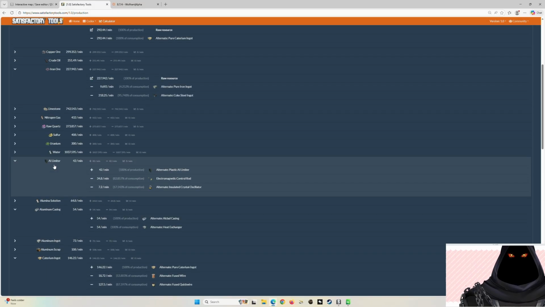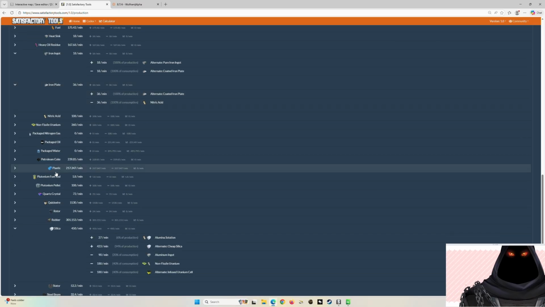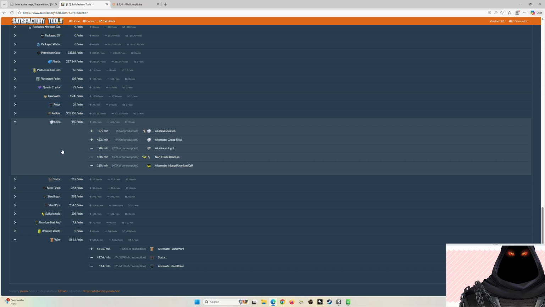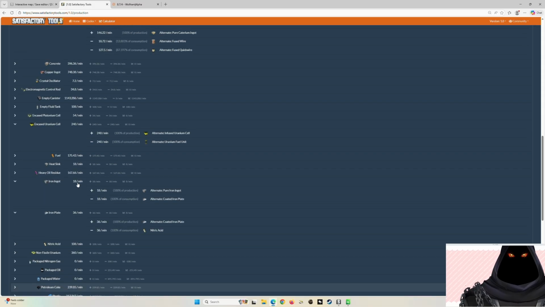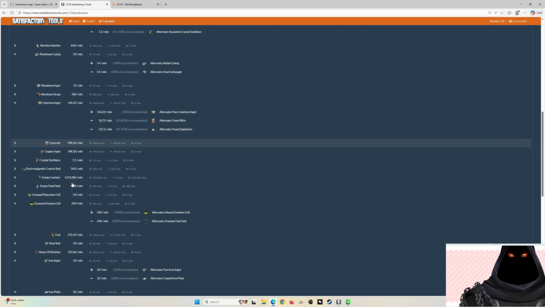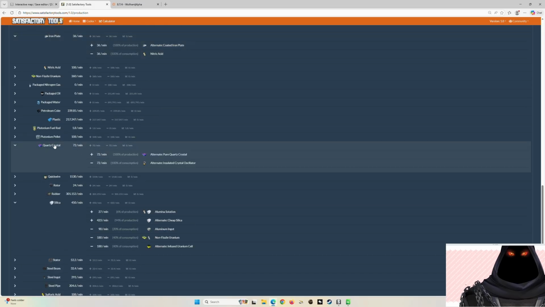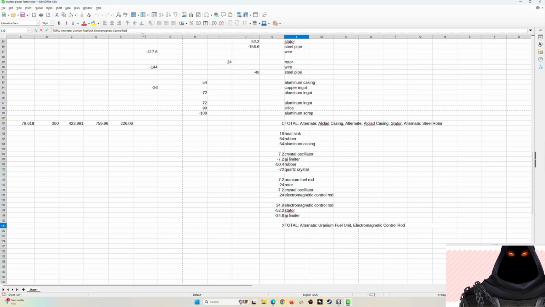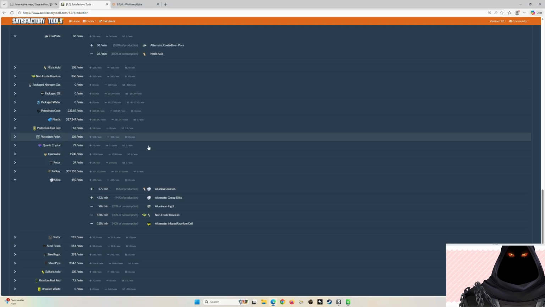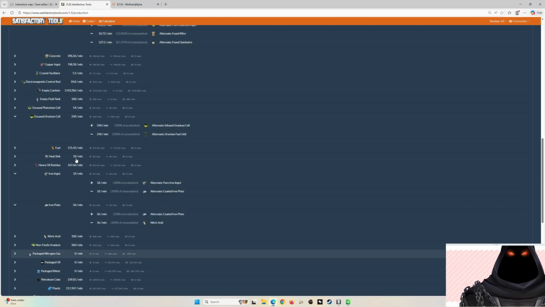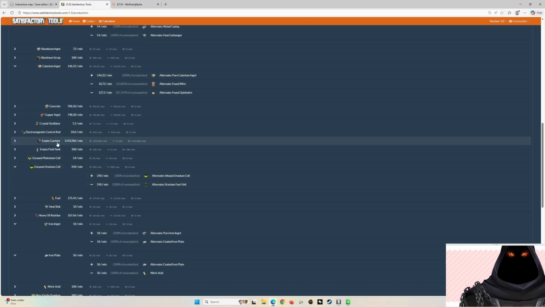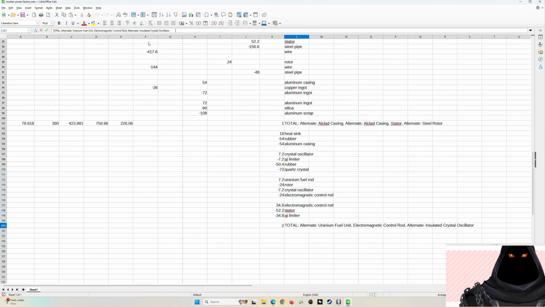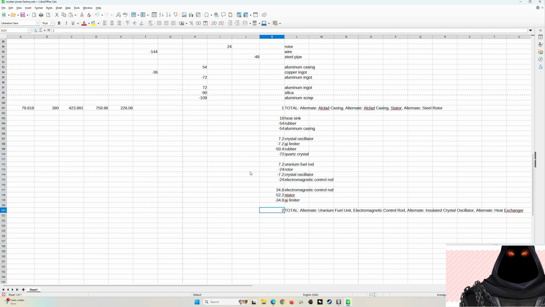We have alternate insulated crystal oscillator. And the last one is heatsink. I believe we can do this in 2 blueprints. Okay. Alright, so that's good.